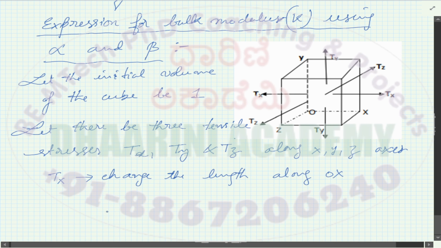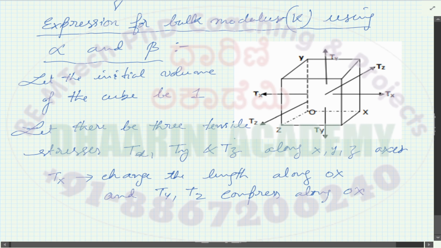Whenever this happens, what happens to Ty and Tz? Ty and Tz compress along Ox, but Ty will change the length in the y direction, whereas Tx and Tz compress along Oy. Okay, that's the basic concept.